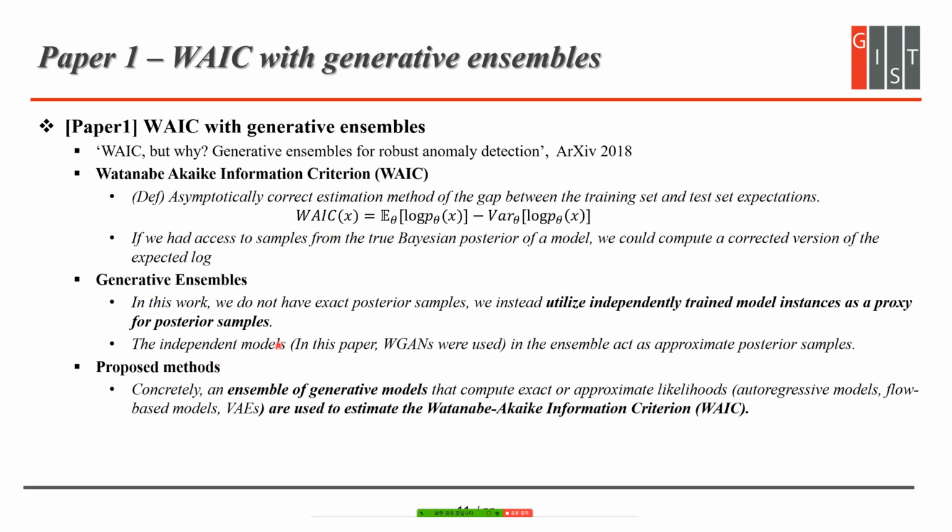So in this paper, they apply the generative ensembles, which means they make the likelihood estimation method. WGAN is used in this paper. They make that for the 10 models and do the expectation to calculate the correct likelihood values.